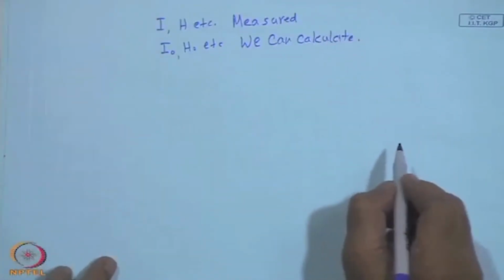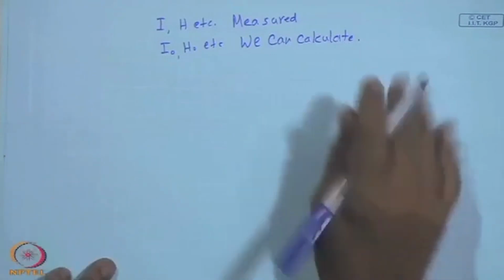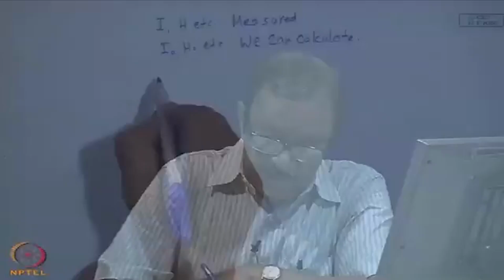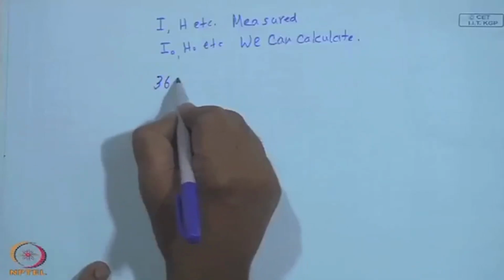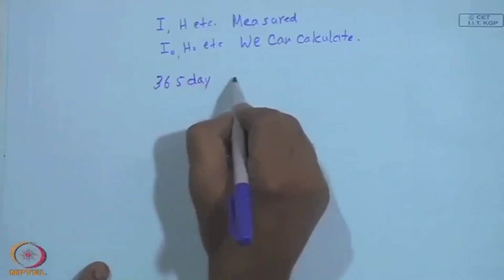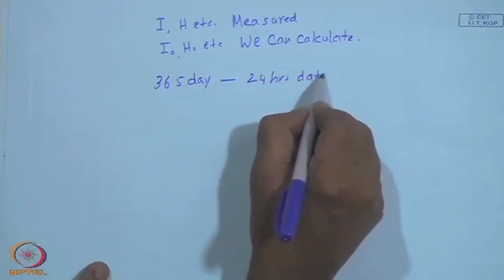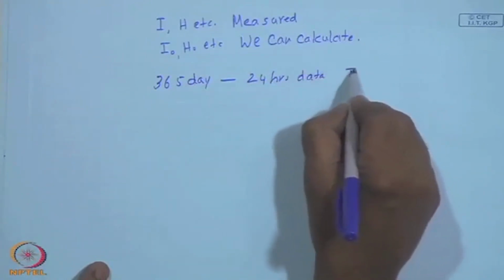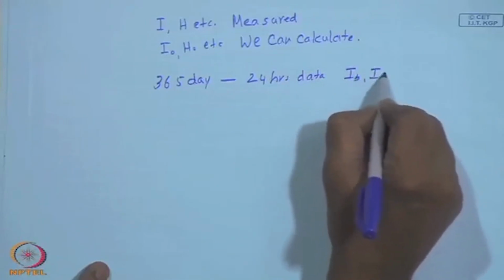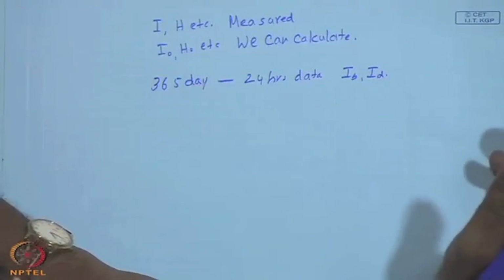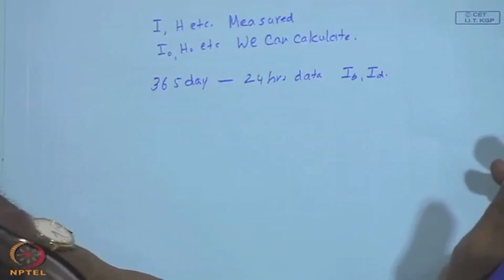Okay. Now, when we are trying to go for the design of a system, one obvious simplification we would like to have is, let us say I have got 365 days, 24 hours data split into, if necessary, I B and I D. Then I may go with the simulation and get the answer, right.